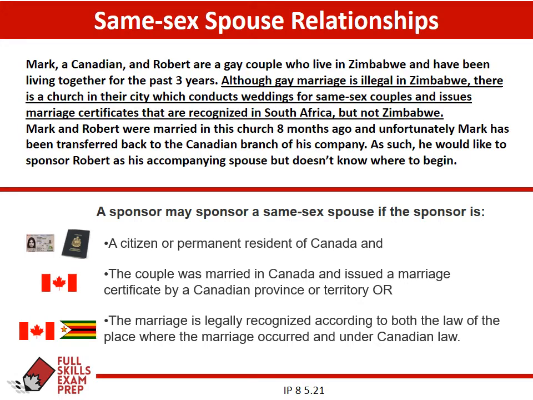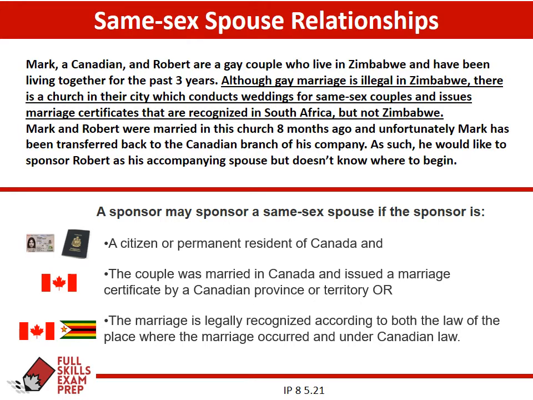So if the couple is married in a different country, remember that the marriage has to be legally recognized. In this case, it would be in Zimbabwe and, of course, in Canada. Now, as we can see over here, that marriage is illegal in Zimbabwe. So even though obviously gay marriage is perfectly legal in Canada, in all the provinces in Canada, in Zimbabwe it's illegal.